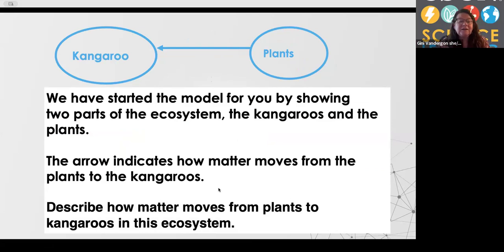And so the idea here is, and you can think about what you would do if you were doing this model, and I suggest maybe you think as a student would and figure out how you might present and add to this model as we go. So the question that they're first asking is how matter moves from plants to kangaroos in this ecosystem. So the students would be asked to actually explain what they're seeing in this model. So this model is started for them.